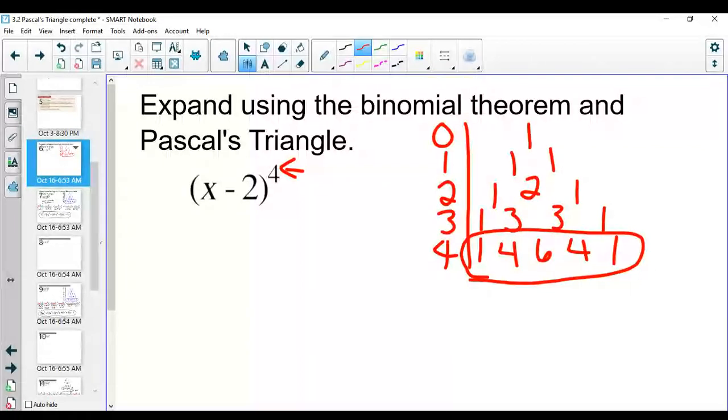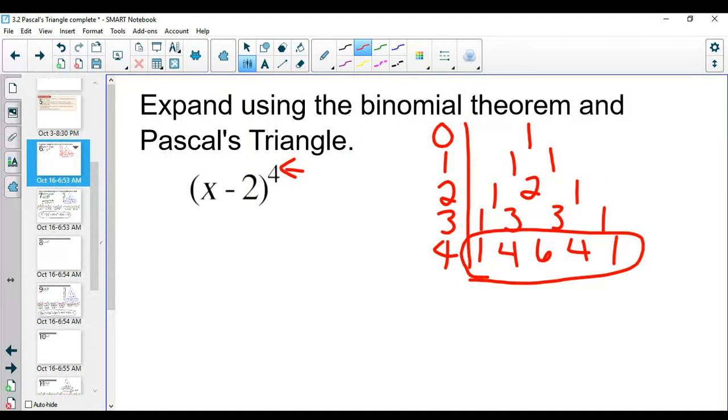out the triangle. So I have my coefficients that I'm going to use as I expand this out. So when I do this, once I know the row that I'm going to use, I take those numbers, in this case 1, 4, 6, 4, 1, and what I do is I just write them spaced out.